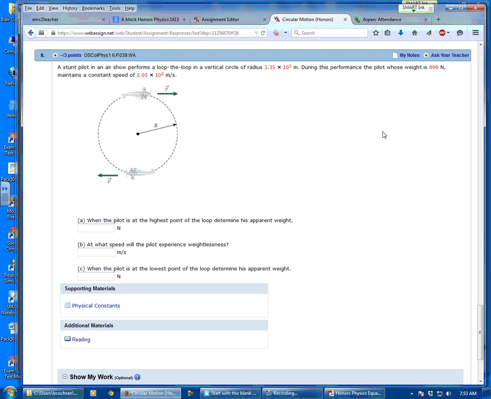Are there forces mentioned? Yes. So we know we're going to need a force diagram.